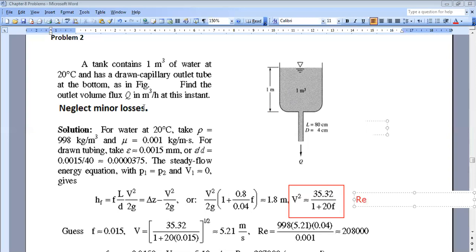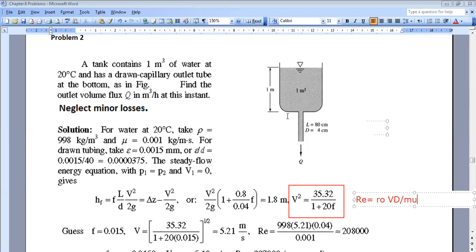Q is not known, so I will not benefit from writing Q equals A here. But I benefit from it if I have two velocities, I can say V1A1 equals V2A2. That's it. Here Reynolds is rho V d over mu. V is not known, so Reynolds is a function of unknown V.